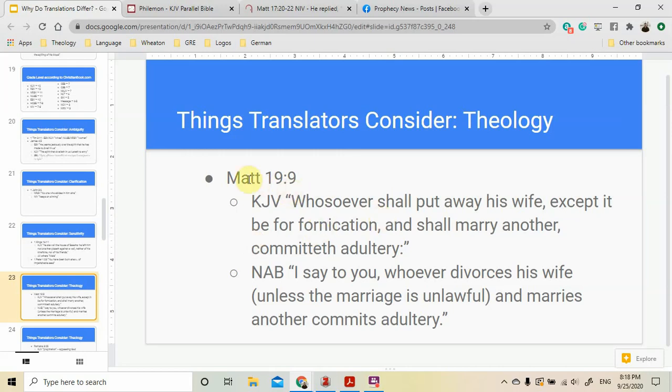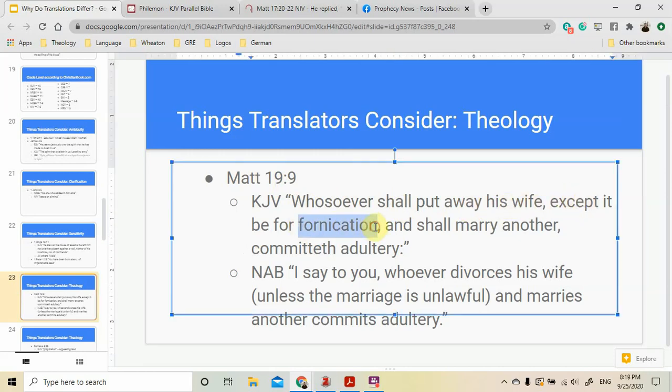This is in Matthew 19 about Jesus' teaching on divorce. He says, "Whoever shall put away his wife, except it be for fornication, and shall marry another, committeth adultery." In the NAB, which is a Catholic translation, instead of fornication, it says, "unless the marriage is unlawful."